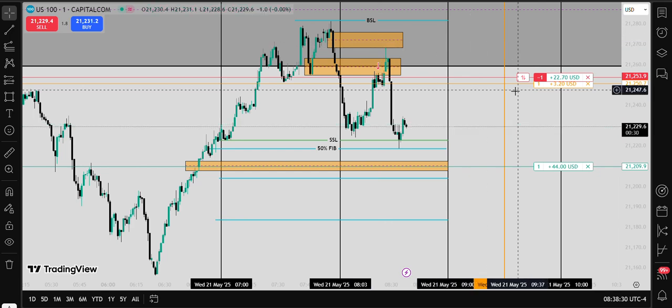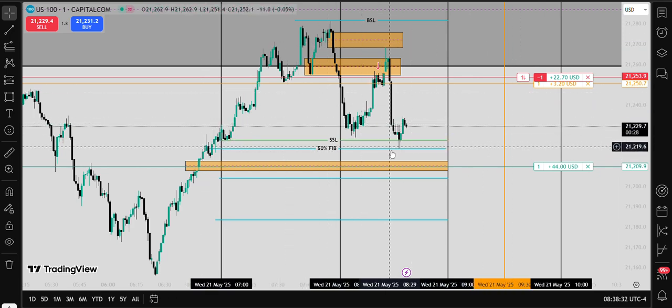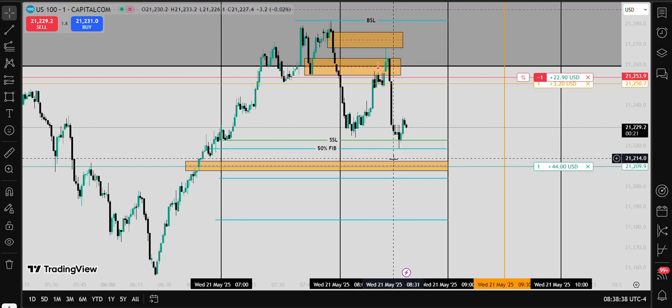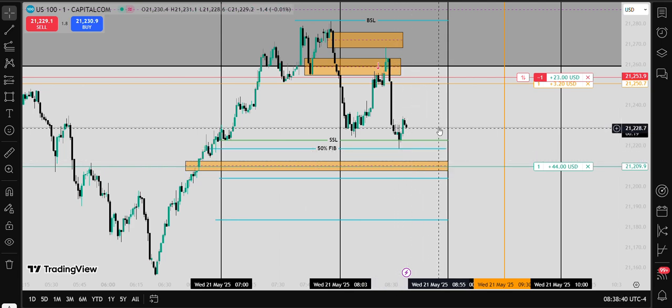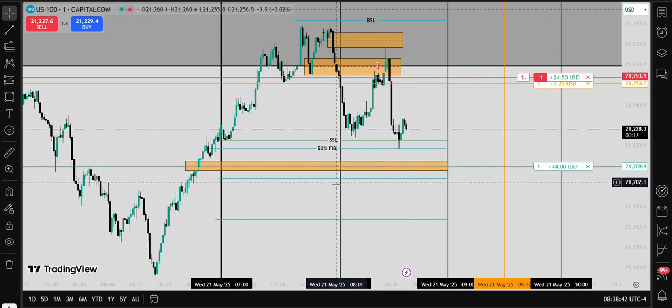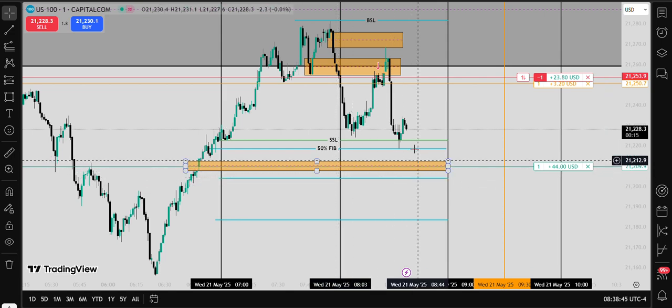If it is going to go higher, then at least you should give us a discount, and this is an exact discount at 50%. So there are people who, if they're going for buys today, are buying right here.